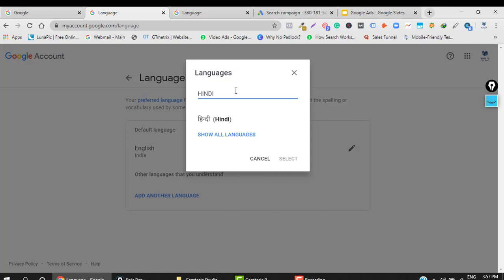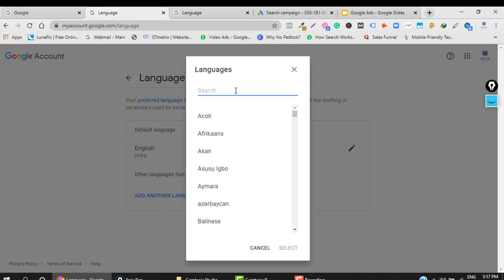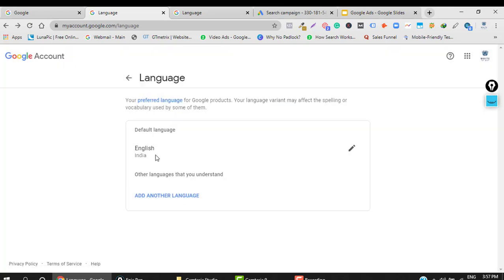Similarly, if you wish to target people with the Spanish language, then the language of Google interface should be Spanish. So the Spanish would reflect over here.